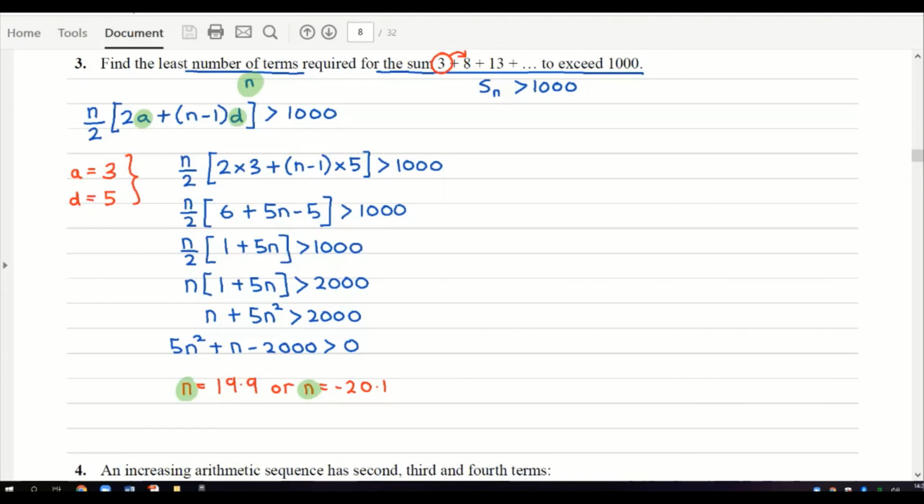Well, if we're talking about natural numbers, which we covered right at the start of the course, we can straight away look at this and disregard this answer here, because it's negative. So that can't be one of our answers. You can't have a negative term. Well, you can have a negative term, but you can't have a negative position in a series.